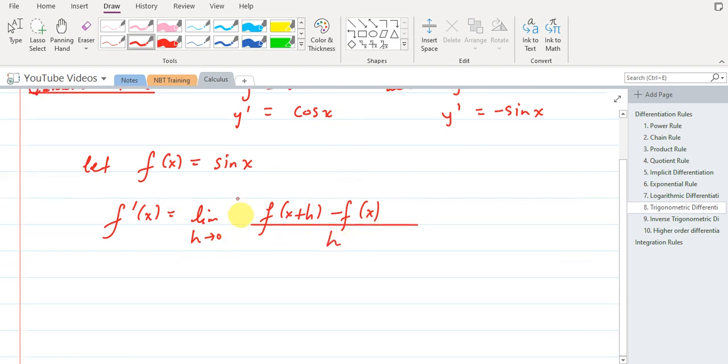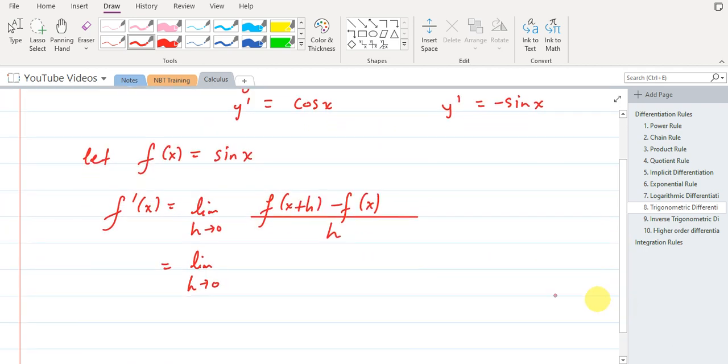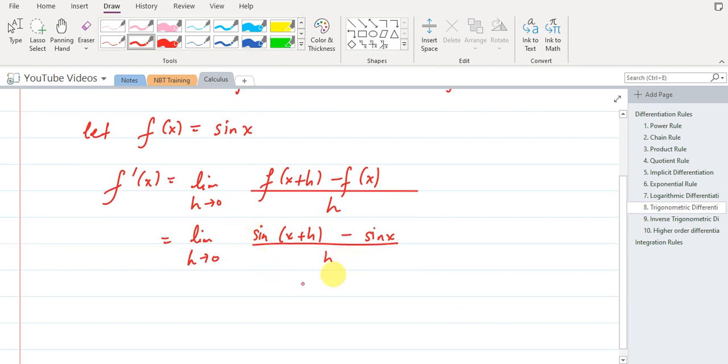Obviously you need to know how to do compound angles. We are proving that the derivative of sin x is cos x. So the limit as h approaches 0 of 1 over h times sin of x plus h minus sin x.